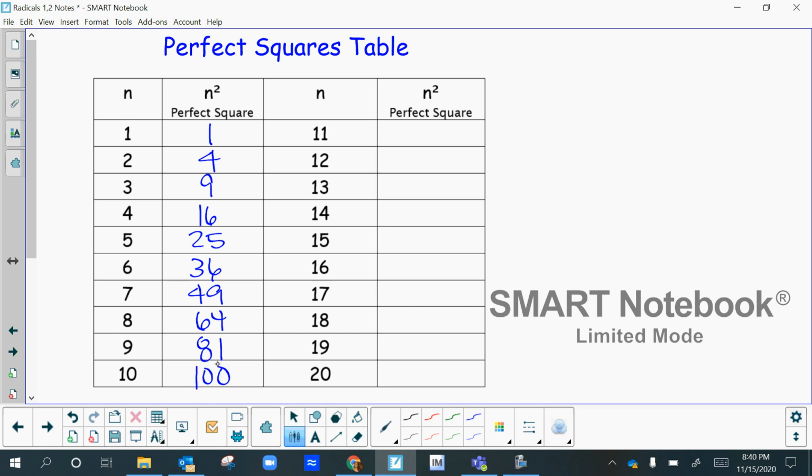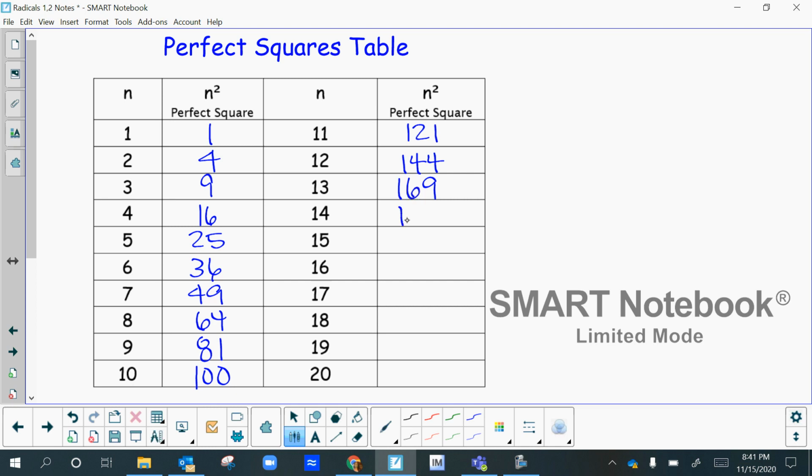81, 100. Now here's where we might start to, and even myself, not know all of these entirely. So I'm going to use my calculator on some of these.